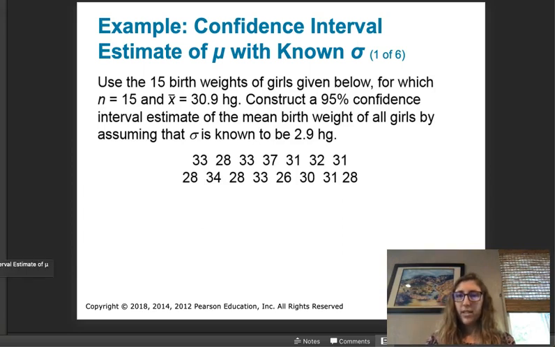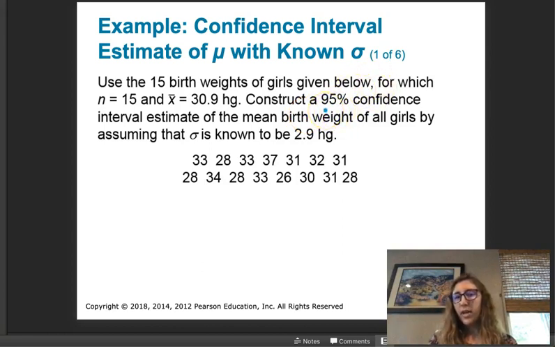So let's do the similar problem with our birth weights of those girls in hectograms. Except now, let's say that we actually know that our population standard deviation is 2.9. So again, if we were doing this by hand, we would find our critical z-score, which we've done a lot for 95% confidence intervals.